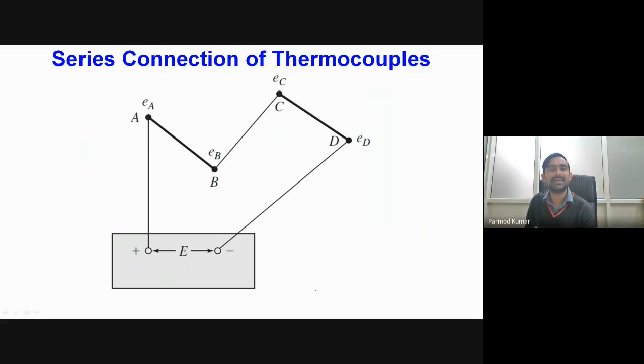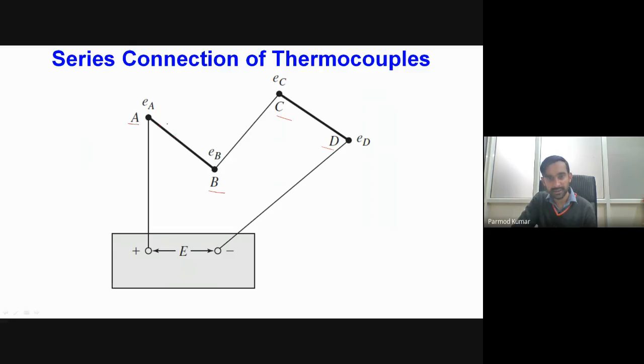Then this is the series connection between the thermocouples. So you can see we have these four different junction points A, B, C, D, and then we are connecting dissimilar materials between these junction points. Okay, so this type of connection is known as series connection, because in series we are connecting the different thermocouples, and then at this particular junction we obtain the value of output voltage. Okay, now you can see the terminal points at which we are measuring the value of this output.